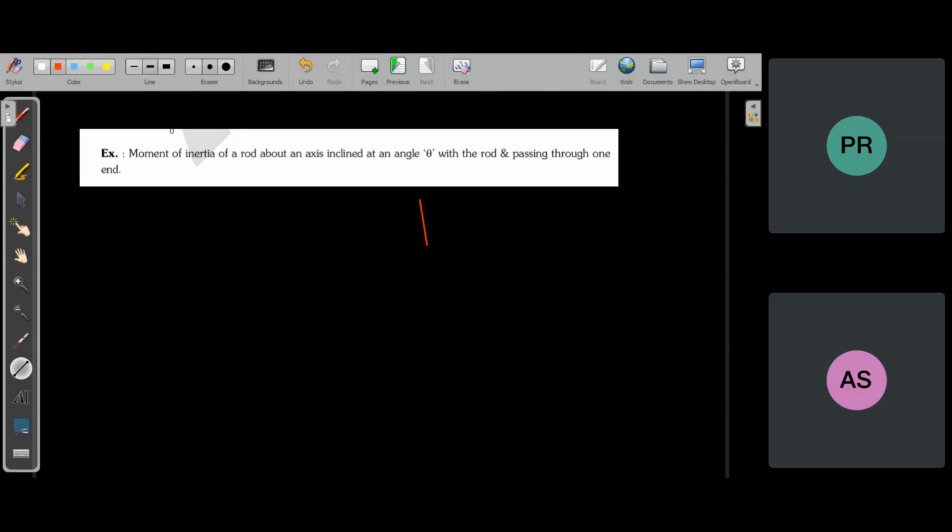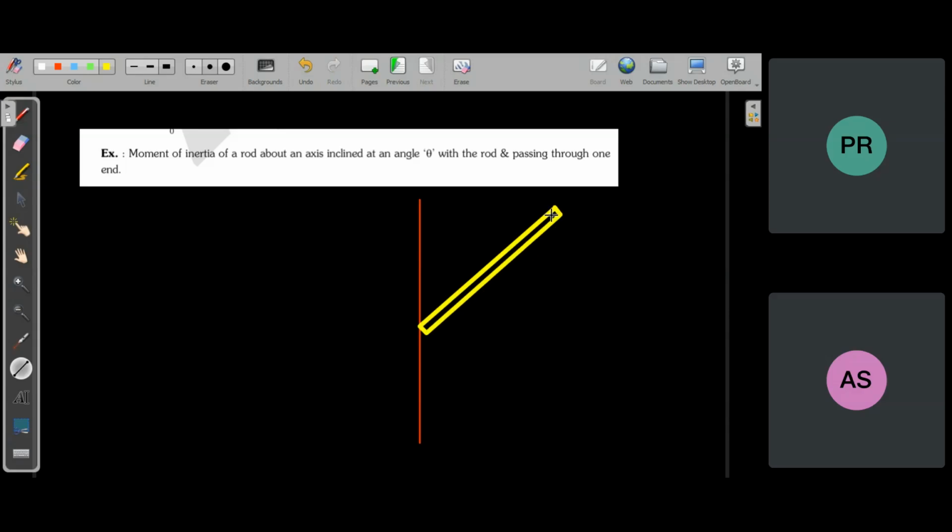Suppose this is the axis of rotation and there is a rod which is inclined like this. This is the rod inclined at some angle theta with the axis.